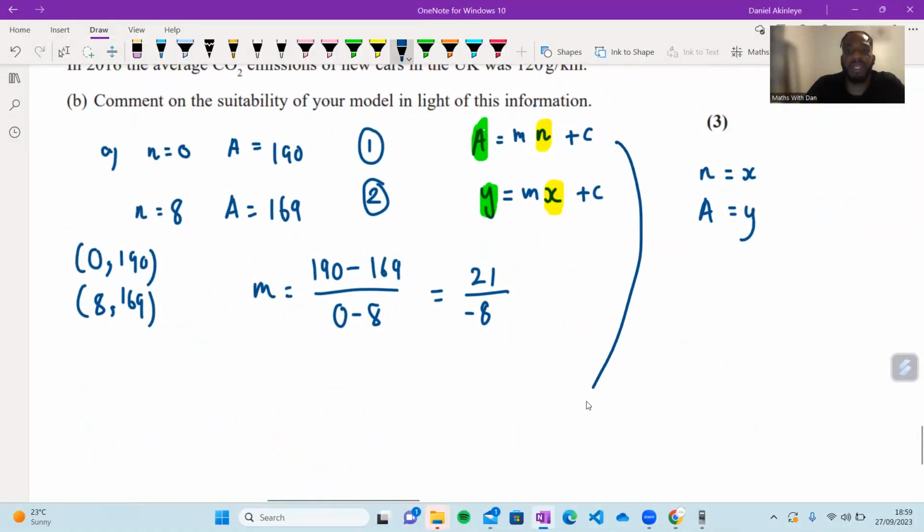So that means we can update this and say that our formula is A is equal to minus 21 over 8, and then n plus c. And then remember, we need to figure out what our y-intercept is here. You just plug in one of the coordinates, don't you?